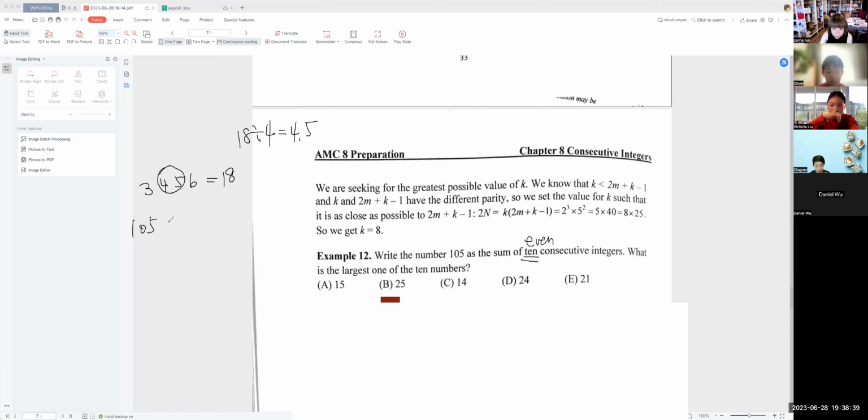Okay, so 105 divided by 10 equals what? 10.5. So the middle number must be 10 and 11.